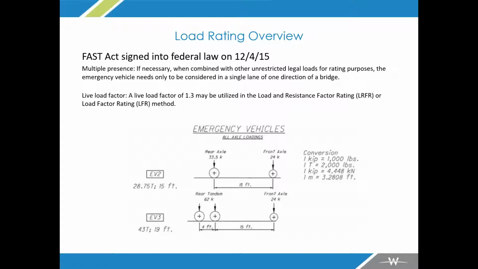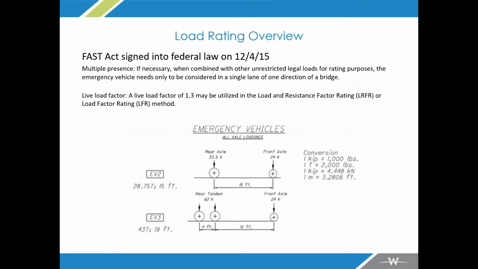Now, FHWA did allow you to use a lower factor of 1.3 here instead of the 1.35, again recognizing that these are a little bit better understood as a weight and axle configuration. The other thing that has sometimes been done is identifying where the hospitals are that have these vehicles, and then only rating the structures within that region, county or jurisdiction, in order to restrict how much we're implementing this.